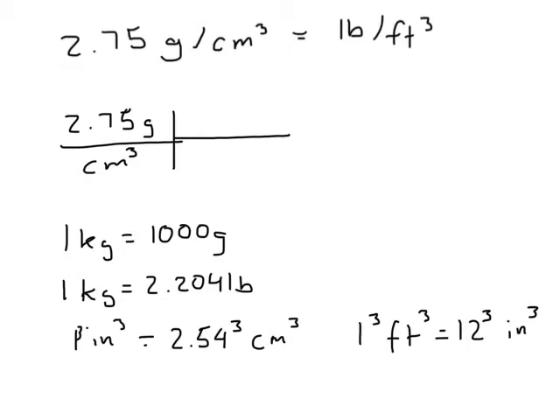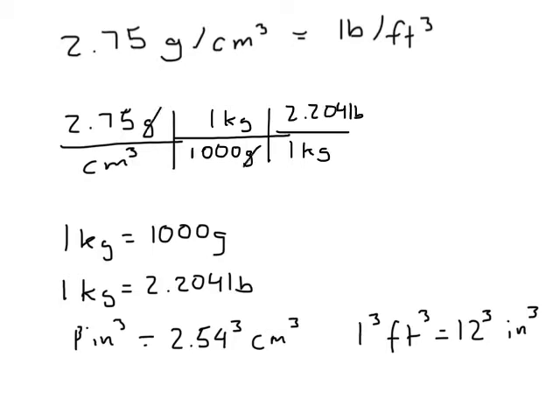All right, so I have grams, so I'm going to put 1,000 grams per 1 kilogram. 1 kilogram, 2.204 pounds. Grams cancel, kilograms cancel, leaves me in with pounds. Right now it'd be pounds per cubic centimeter.